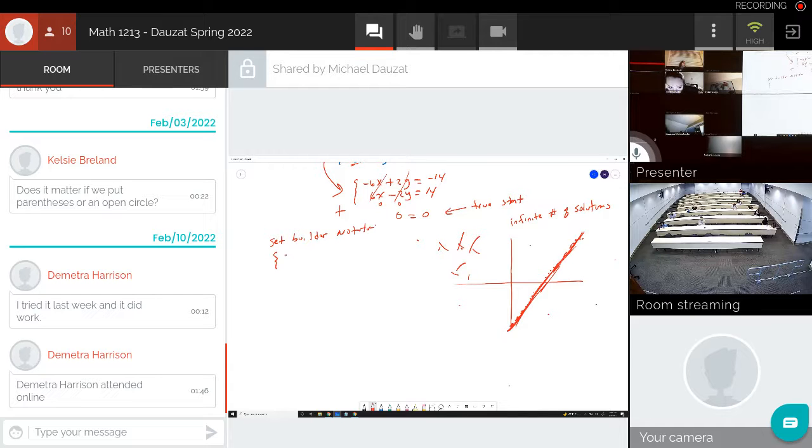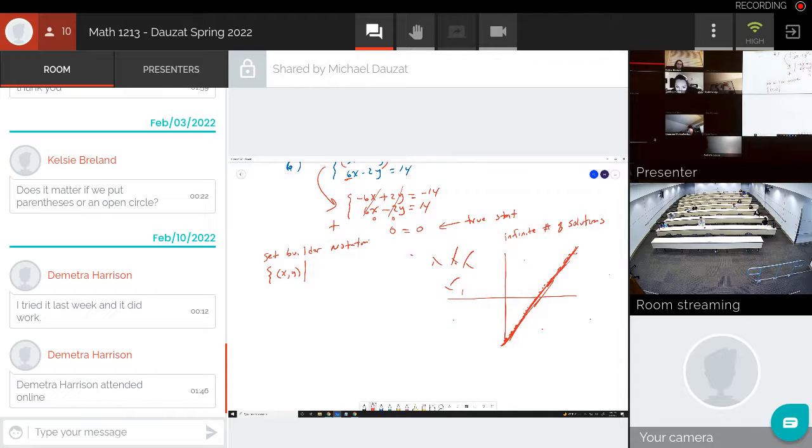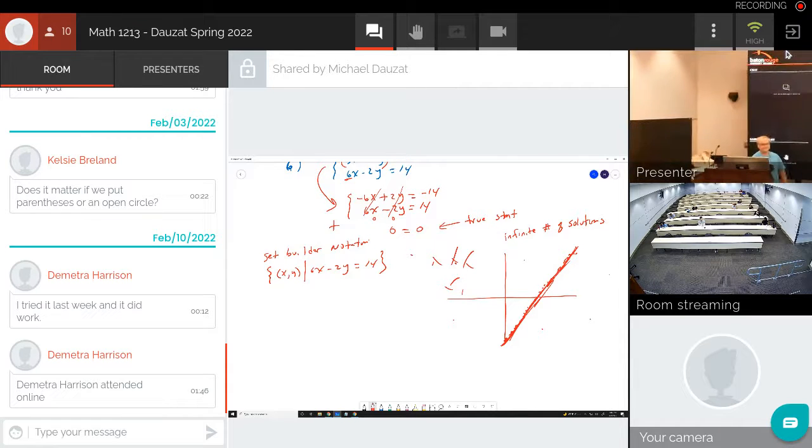You're going to say the set of ordered pairs xy, such that, this symbol right here means such that, and then all you do is just give me one of those equations, the top one or the bottom one, such that 6x minus 2y equal 14. And that's it. You could have used the other one if you wanted to. But whenever you have an infinite number of solutions, you're going to write it like that.